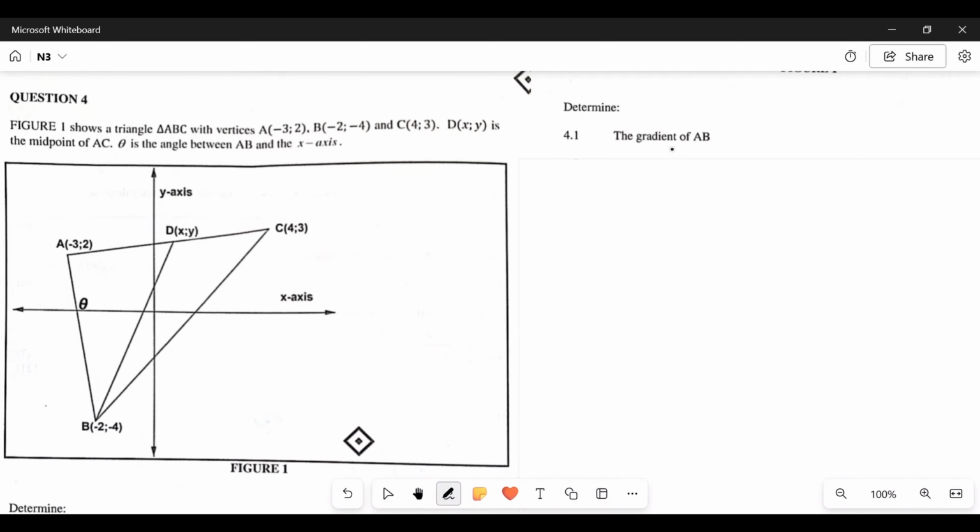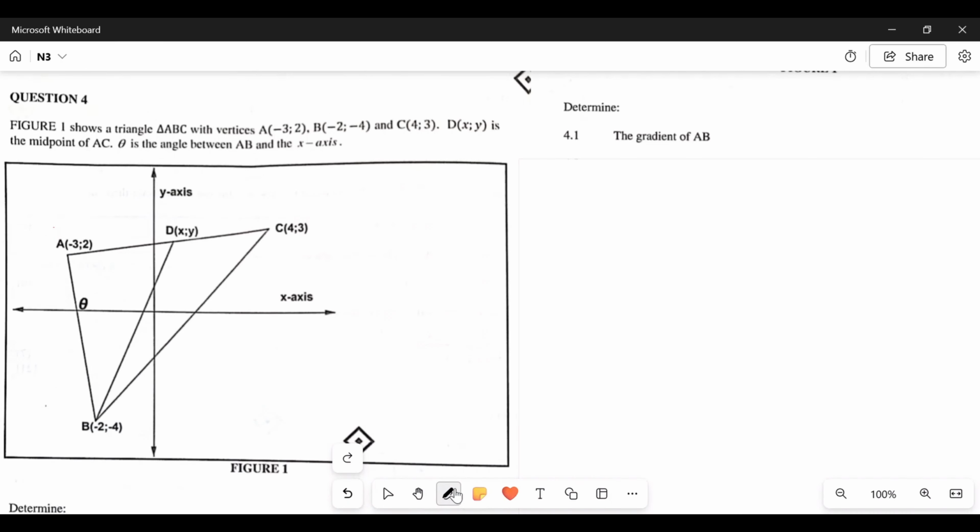All right guys, here's our question 4.1 there. So I decided to do the question on the right hand side, right? And here's our figure there. So let's continue. Now 4.1, they want us to get the gradient of line AB. As you can see, let me highlight with the red color there. Line AB is this one here. There we go. So they want us to get the gradient of this line.